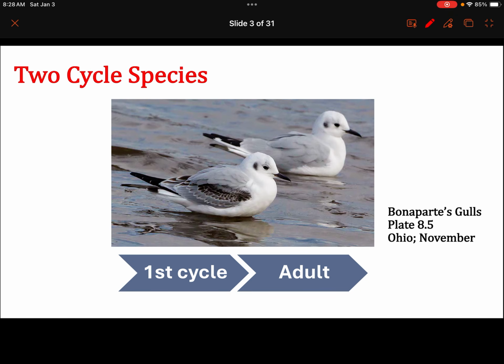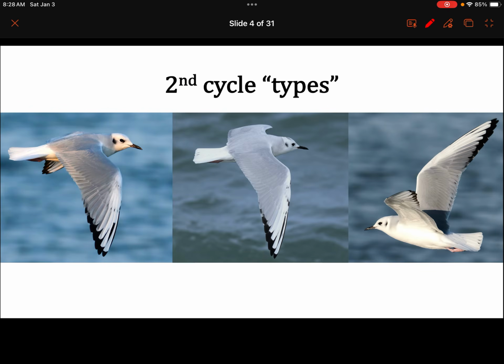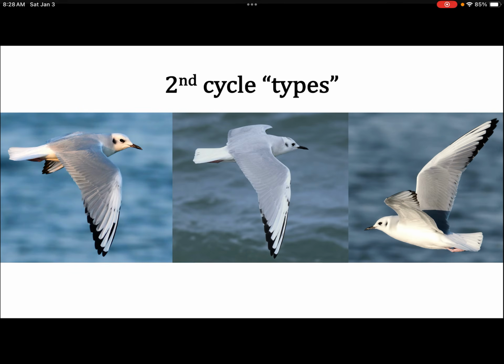We have obvious first cycle on the left and obvious adult on the right. There's this vague group that clearly isn't first cycle, but also has some blemishes, for lack of a better word, that don't sit right for a perfect adult. We refer to these birds as second cycle types. Some may refer to these birds as adult types, and by and large, they are adult types.